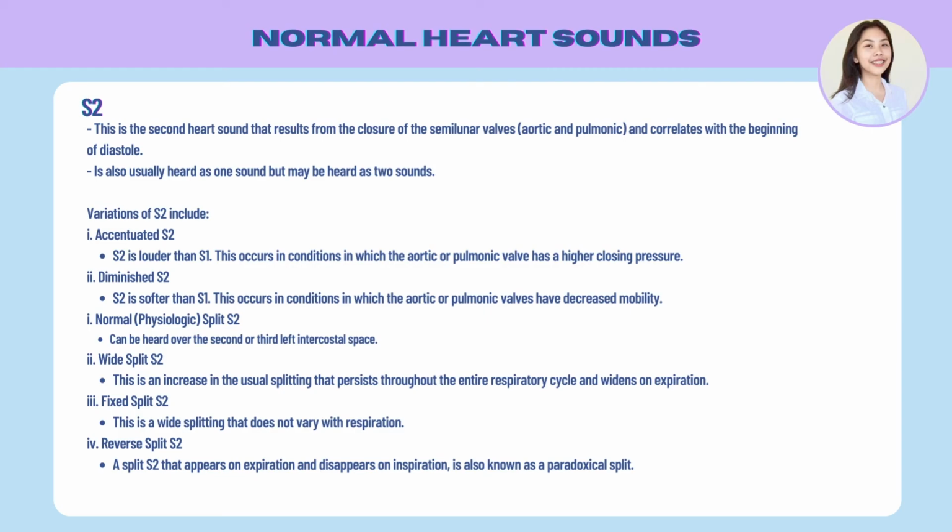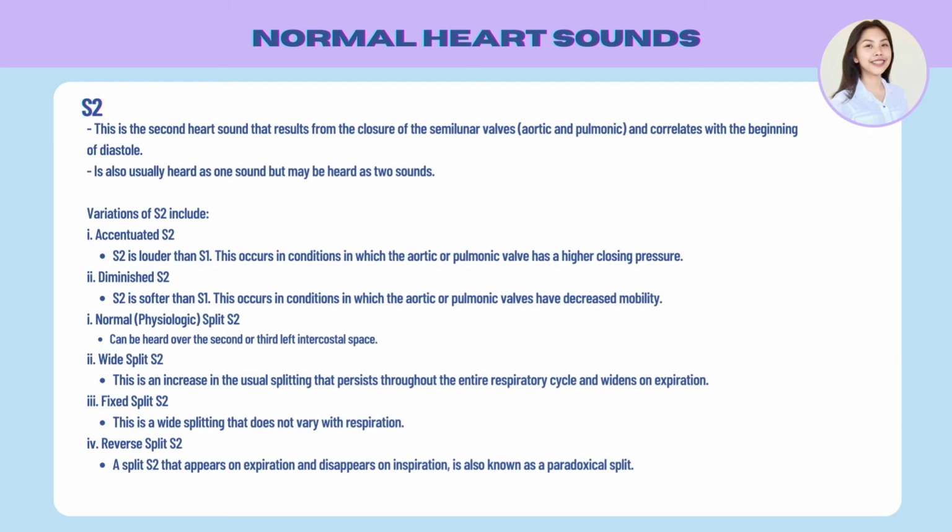For normal or physiologic split S2, it can be heard over the second or third left intercostal space. It is usually heard best during inspiration and disappears during expiration. Over the aortic area and apex, the pulmonic component of S2 is usually too faint to be heard, and S2 is a single sound resulting from aortic valve closure.